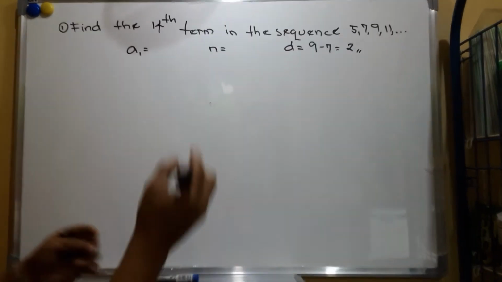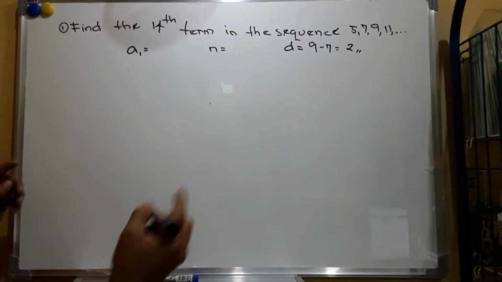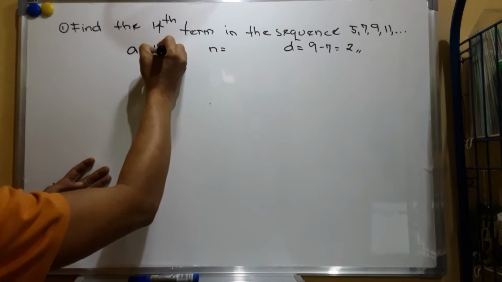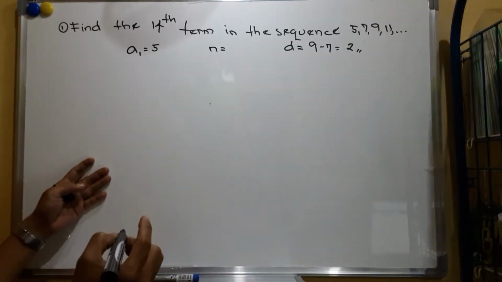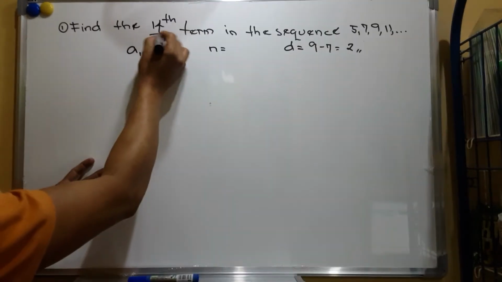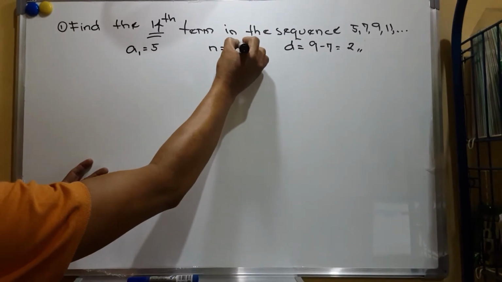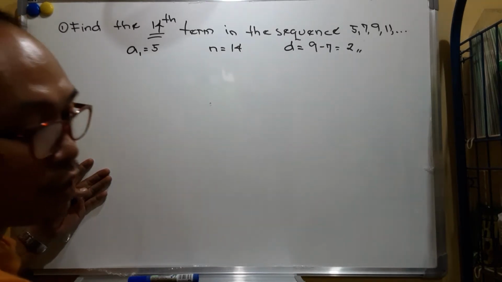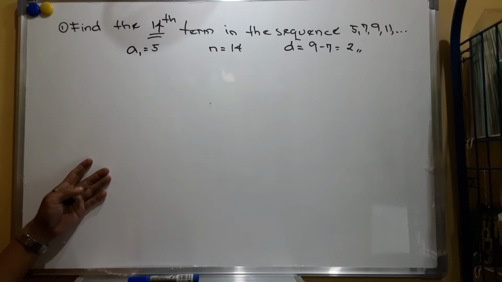Now, identify what a sub 1 is. A sub 1, of course, is your first term. In that case, we have 5. And the number of terms is 14, since you are asked to find the 14th term. So all you have to do is substitute in our formula.